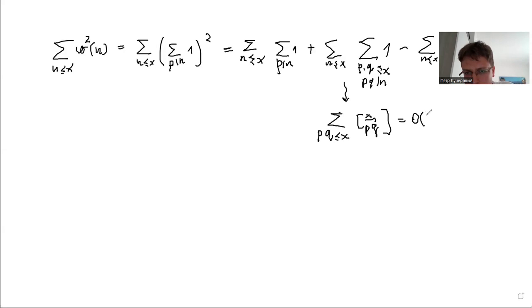Because of pi of x squared, yes, plus x multiplied by the sum over pq less or equal than x of 1 over pq.